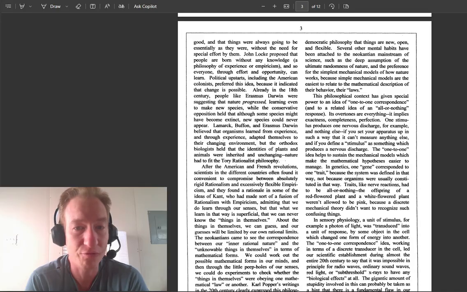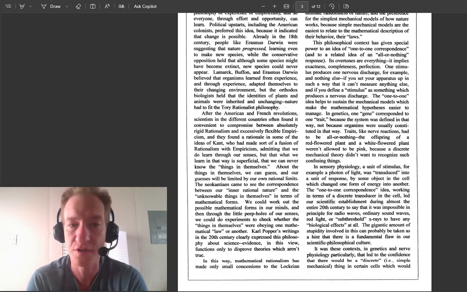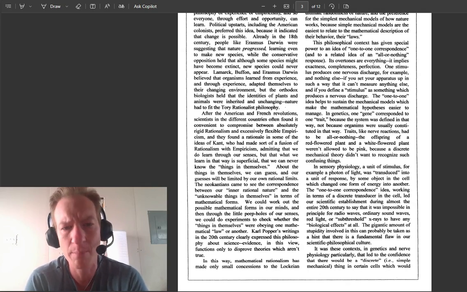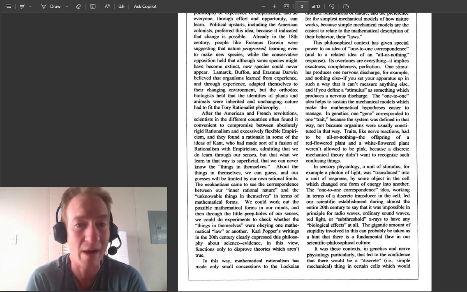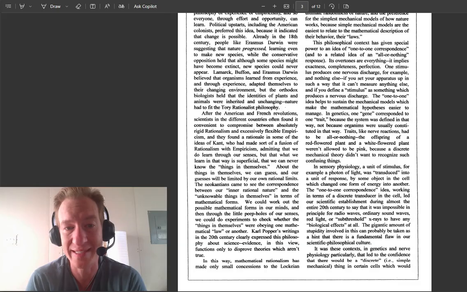After the American and French revolutions, scientists in the different countries often found it convenient to compromise between absolutely rigid rationalism and excessively flexible empiricism, and they found a rationale in some of the ideas of Kant, who had made sort of a fusion of rationalism and empiricism, admitting that we do learn through our senses, but that what we learn in that way is superficial, that we can never know the quote-unquote things in themselves.